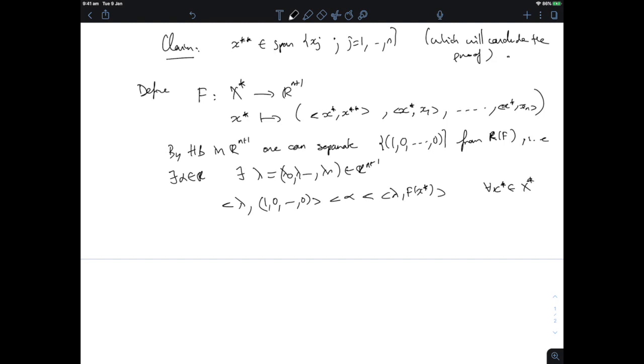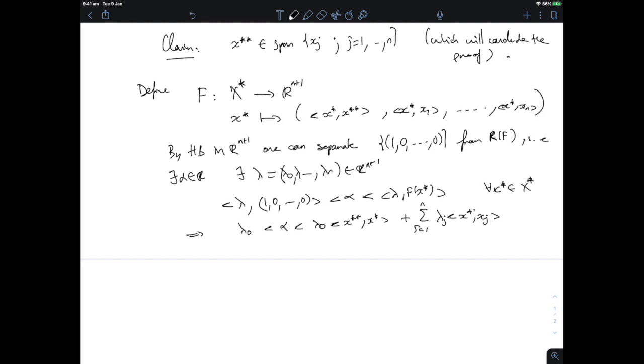Now, let's unpack that a little bit. This is really telling me that lambda 0, the first inner product, is smaller than alpha, which is smaller than lambda 0 times x double star of x star plus the sum of the lambda j x star of xj, j equal 1 to n.